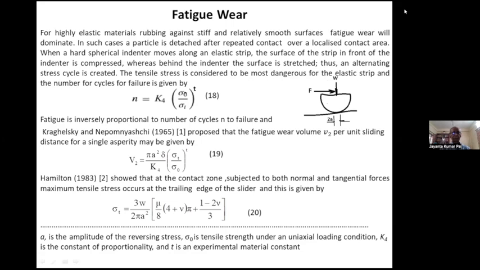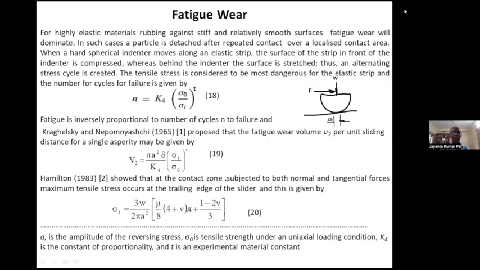Now, here the unknown quantity is sigma t, because that depends on many parameters, and Hamilton in 1983 showed that for the contact zone subjected to both normal and tangential forces, maximum tensile stress would occur at the trailing edge of the slider.